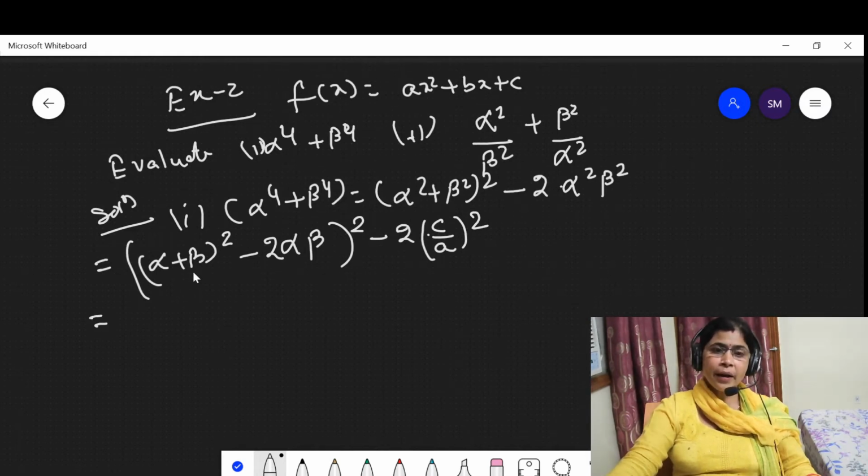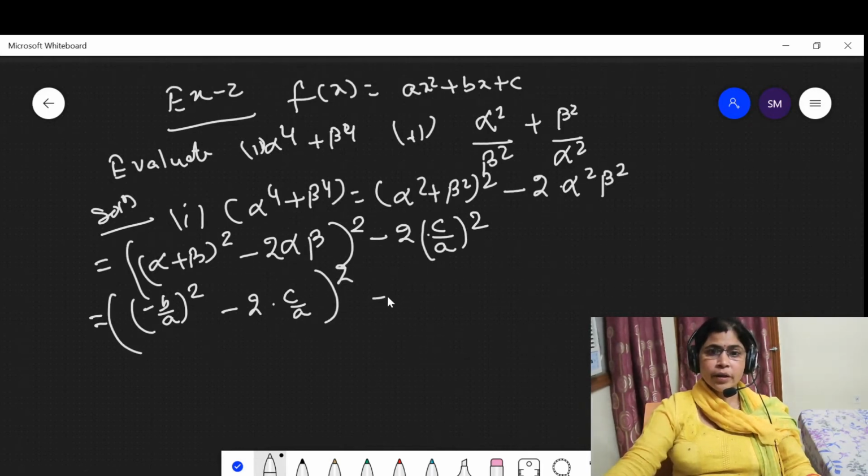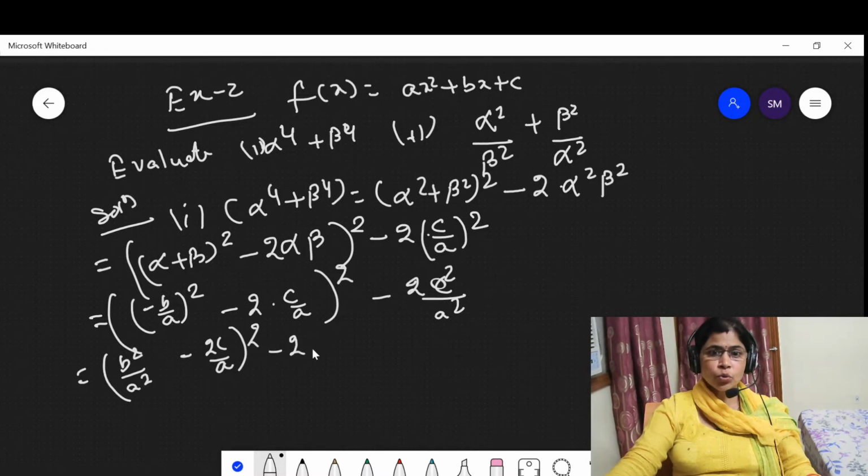Then here in place of alpha plus beta we can write minus b upon a whole square minus 2 into c upon a, this is whole square. Then this is minus 2 into c square upon a square. Then here this is b square upon a square minus 2c upon a whole square minus 2c square upon a square.